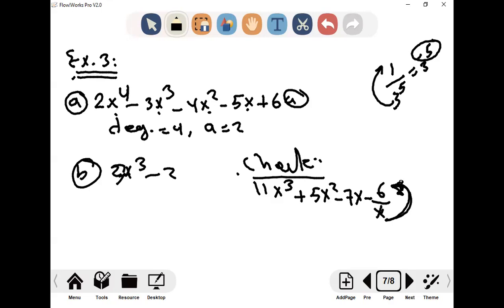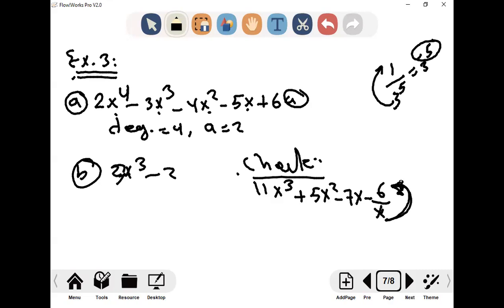Got it? A polynomial should be like part D in the example, arranged neatly with no twists. This is called a polynomial. So in the check, degree is 3, leading coefficient 11.